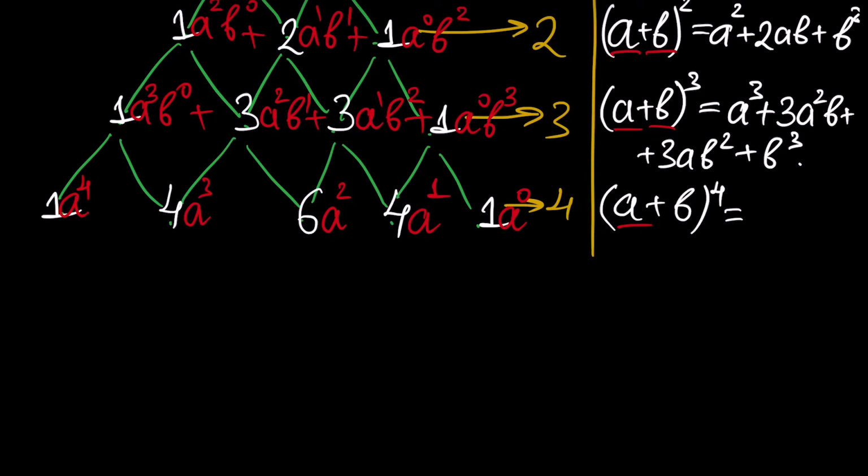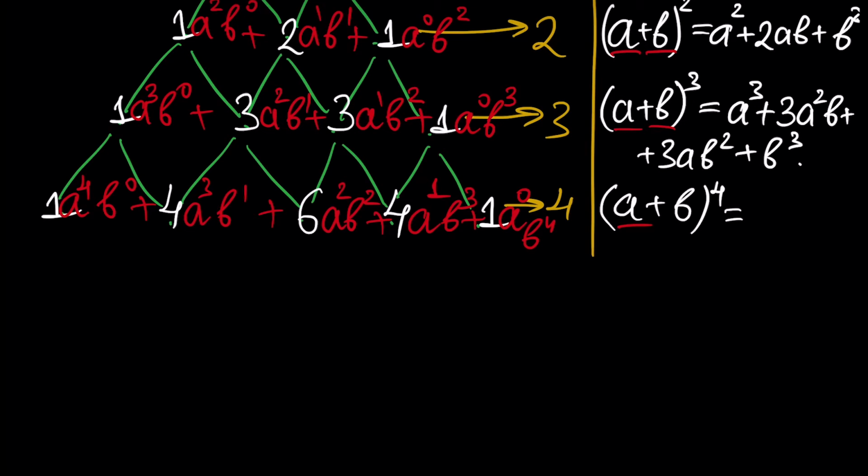And b is written as b to the power 4, b to the power 3, b to the power 2, b to the power 1, and b to the power 0. And this will be the formula for (a + b) to the power 4.